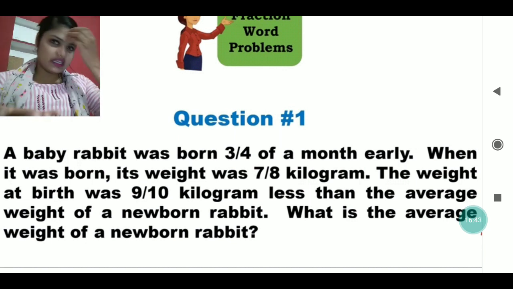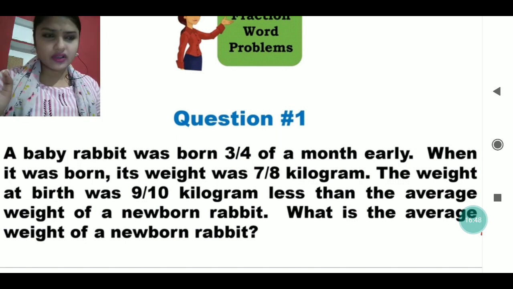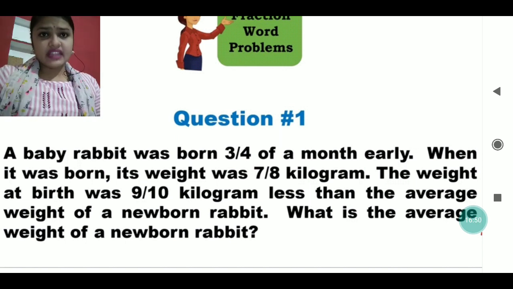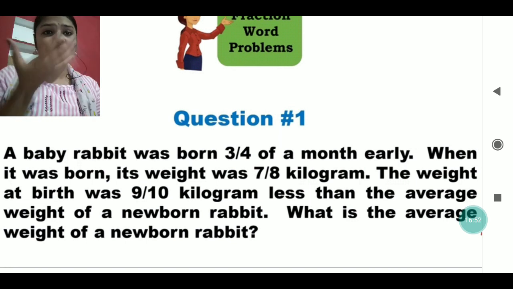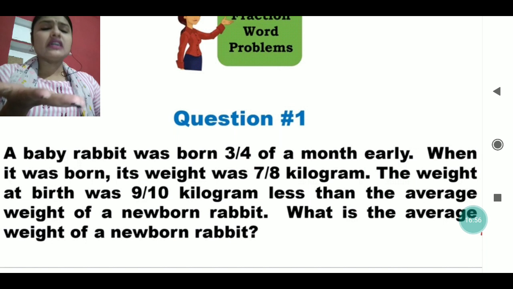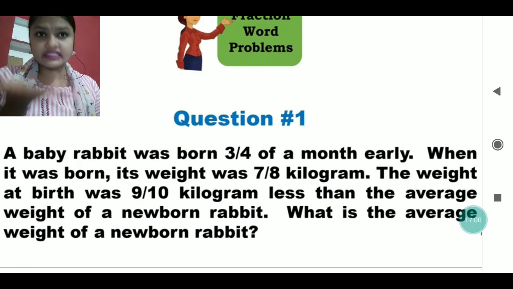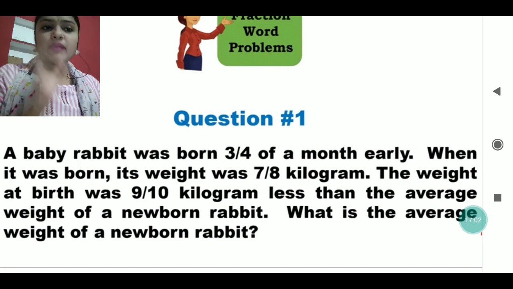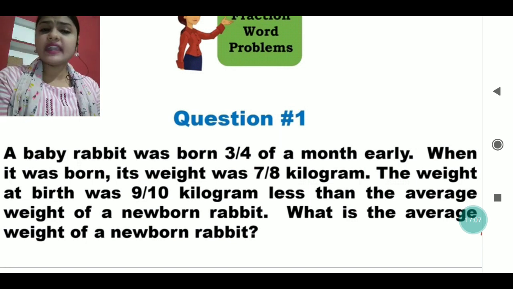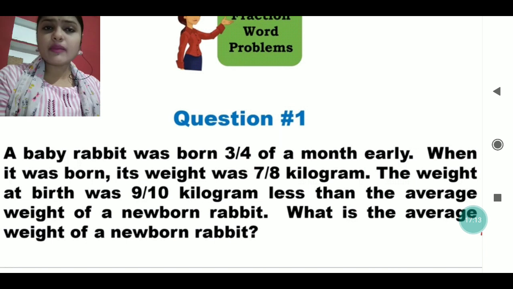Means that baby was born 3 by 4 of the month early, and at that time the weight of that baby at birth was 7 by 8 kilogram.